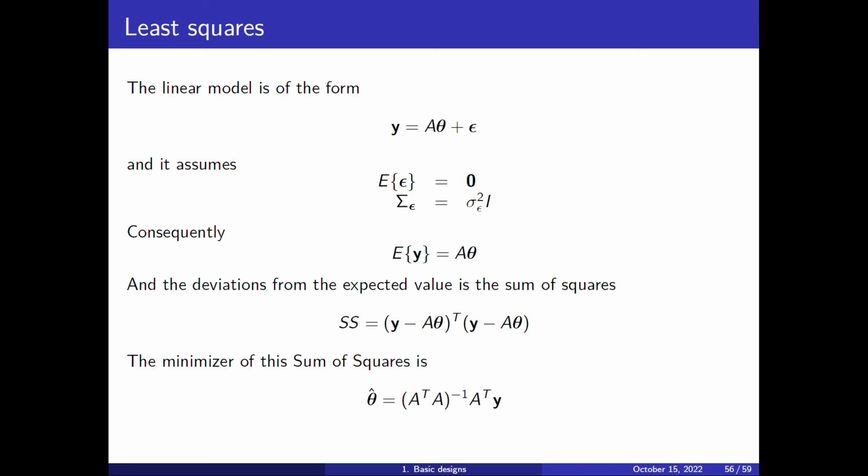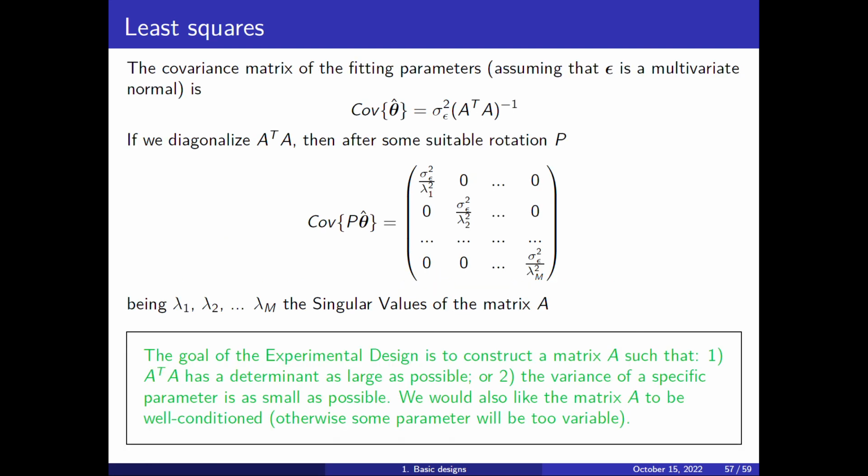So I can characterize what is the variability of these parameters, and the variability is this one. So it is related to A transpose A and the inverse of A transpose A. So yeah, we can make reasonings about the singular values of the matrix A and so on.